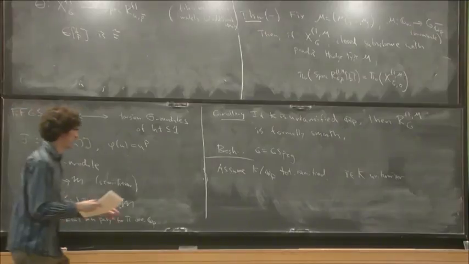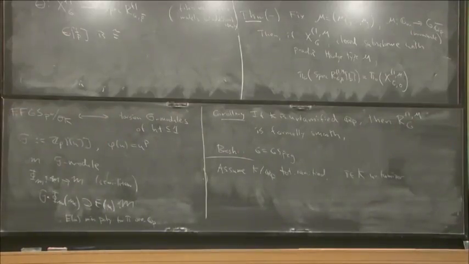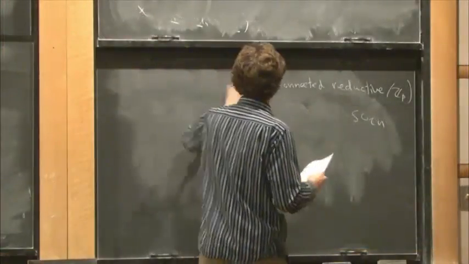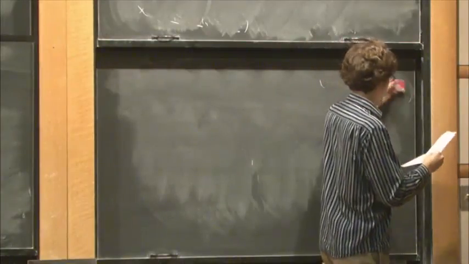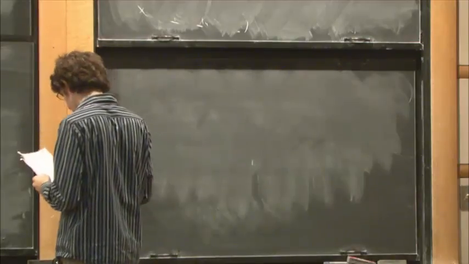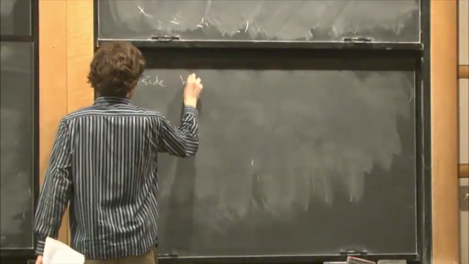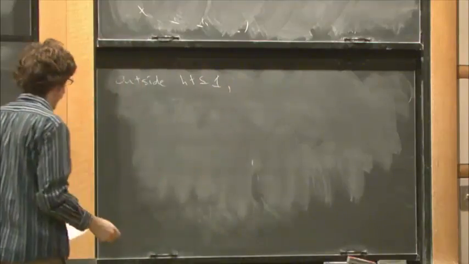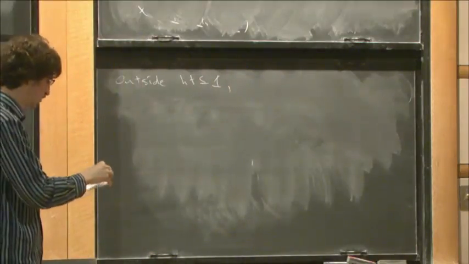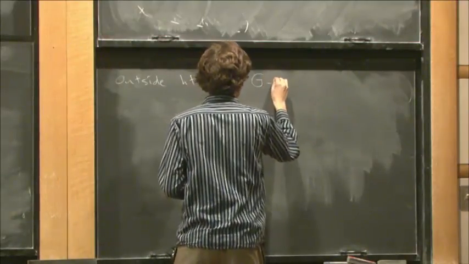And so, the problem is that there's something kind of special about this height less than or equal to 1 situation. So outside of height less than or equal to 1, somehow you lose the Kisin module, the sigma module, well, sometimes also called Kisin modules.